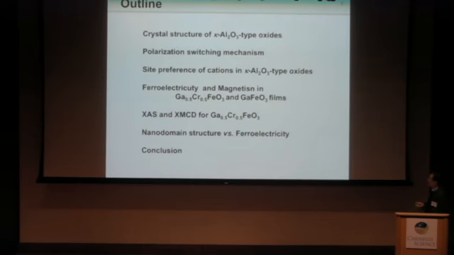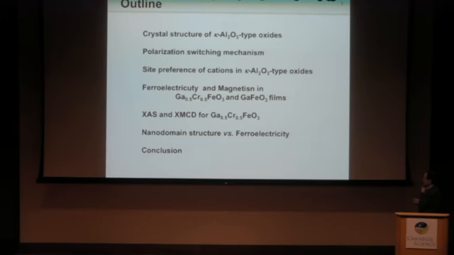The outline of my talk is that first I will introduce the details of the crystal structure of the copper alumina type oxide. Secondly, the polarization switching mechanism. And third, site preference of cations in copper alumina type oxide. The main topic today is the chrome substitution in gallium ferrite films.